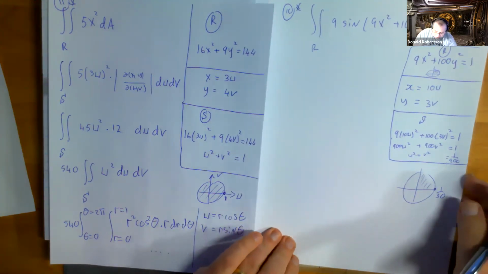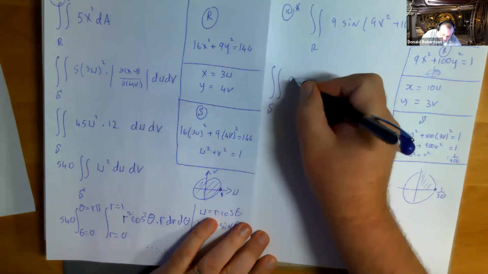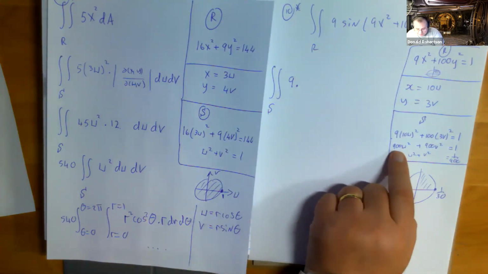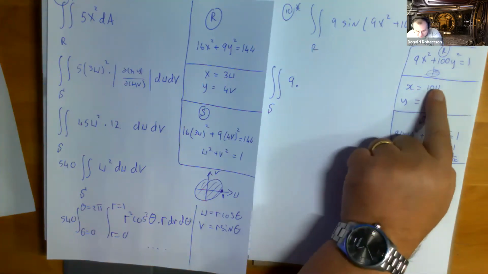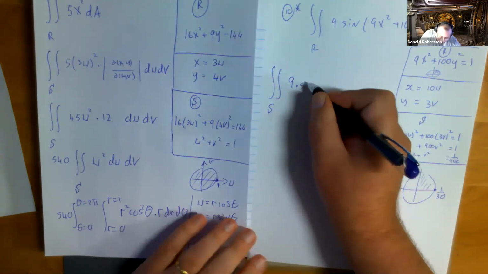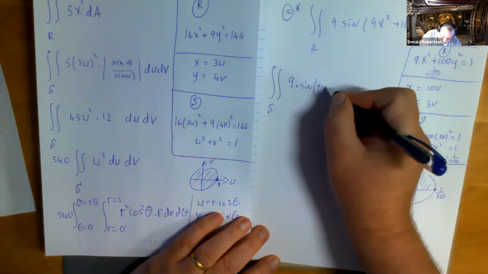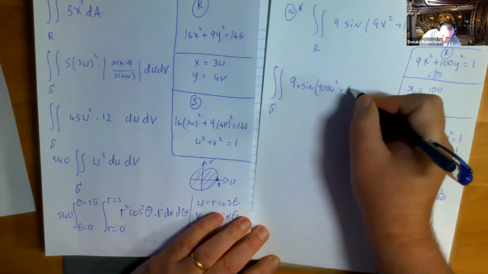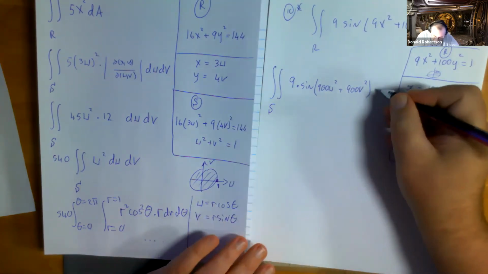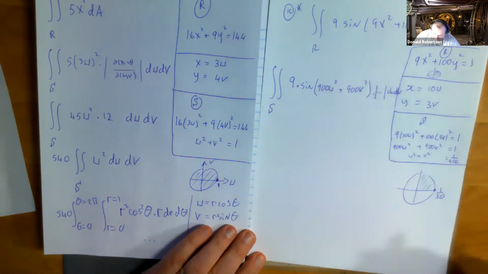So our double integral over the region S is going to be 9 times, and when you do this particular transformation, you're going to have the sine of, let's just do it, 900u squared plus 900v squared. There's going to be a Jacobian, and then a du dv.